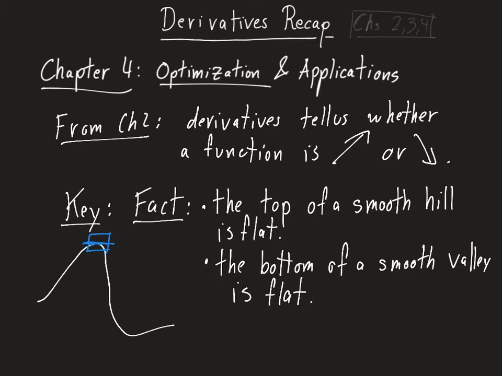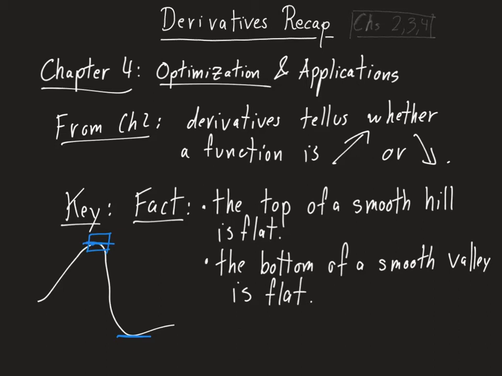And similarly, at the lowest point down here, the function is also completely flat. The only condition that your curve has to satisfy for this to be true is for the curve to be smooth. Smooth just means no spiky bits. Nothing pointy, nothing spiky. As long as that's true, it turns out that this will always be the case.